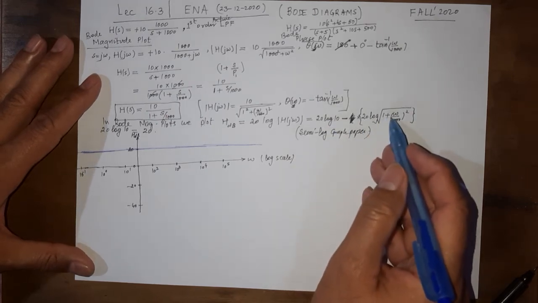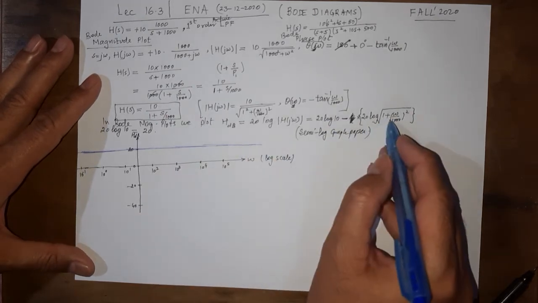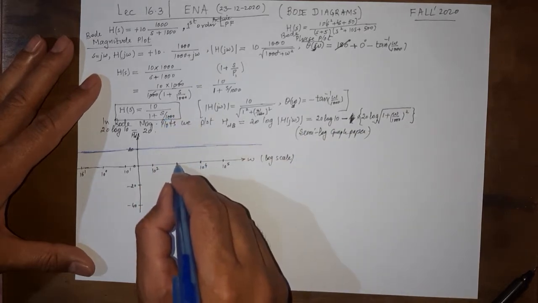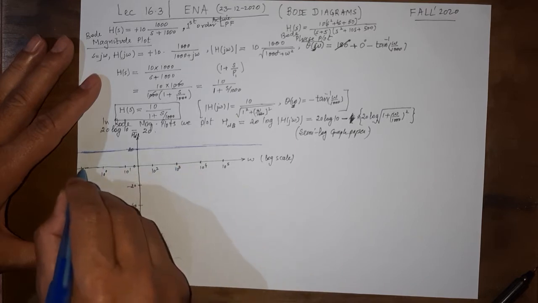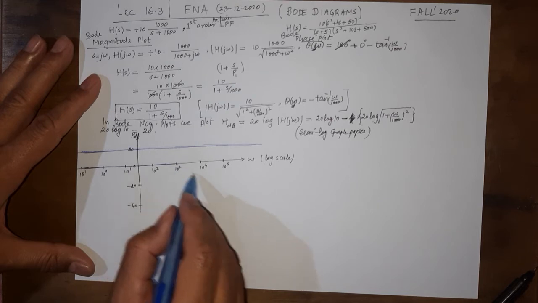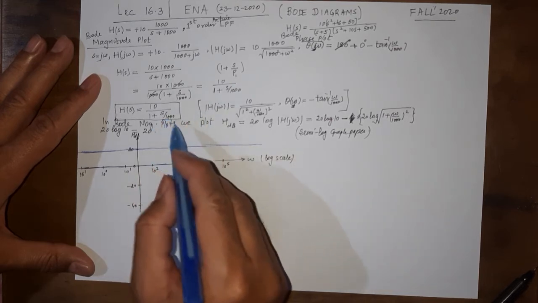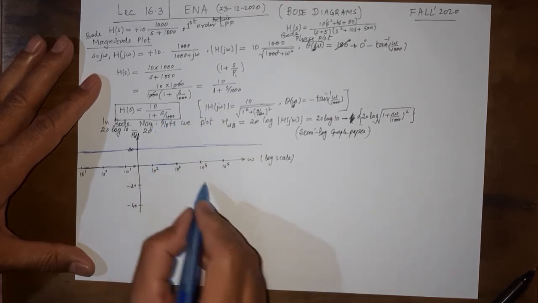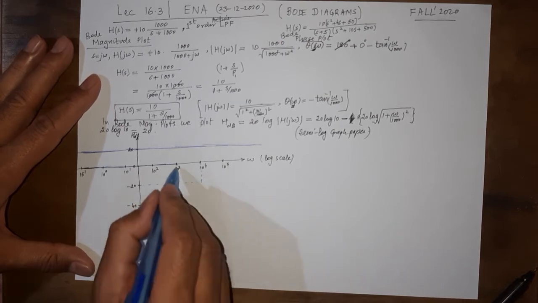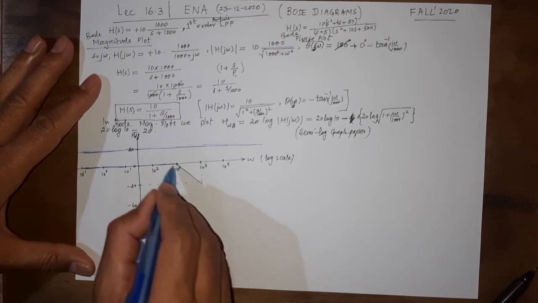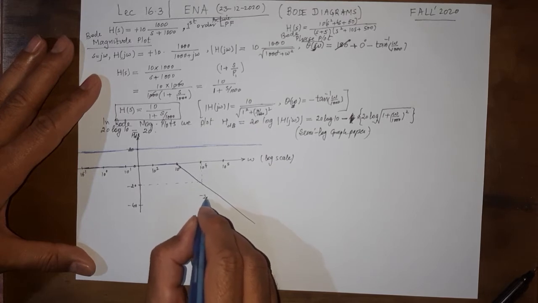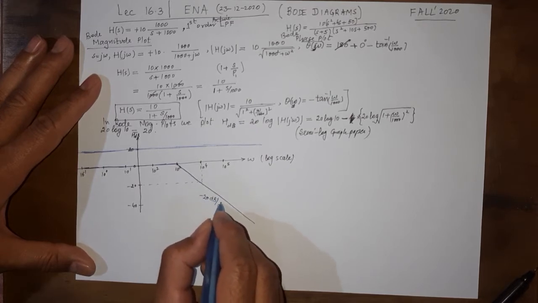How about this term? I told you how to draw this term: get to this critical frequency at 1000. Before 1000 it is 0. After 1000 it is in the denominator, so it goes down with a slope of minus 20 dB per decade.